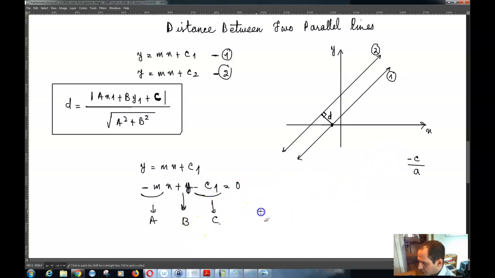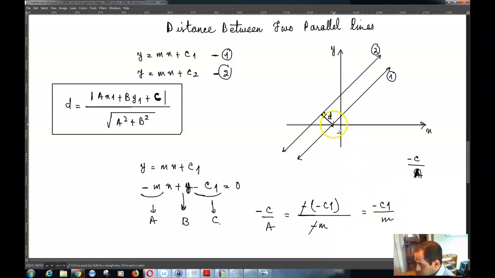Now negative c by a, and this is of course capital A, in this situation is negative of negative c1 over a, which is negative m. So you can simplify these two negative signs and you will get negative c1 over m.